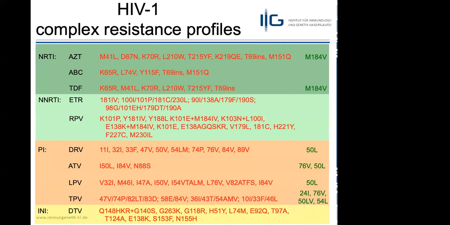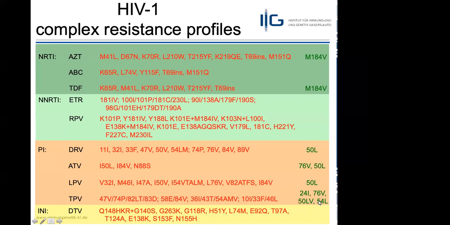For detecting drug resistance, there are several mutations needed. So you do see some of these mutations for protease inhibitors like darunavir. For dolutegravir, you do see that several mutations are needed before drug resistance is detected.